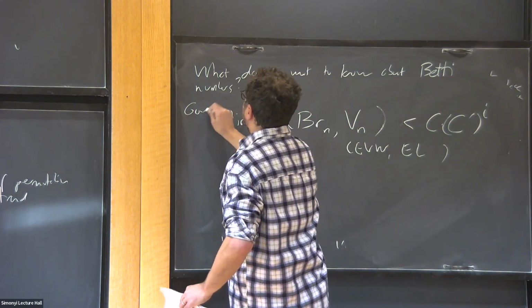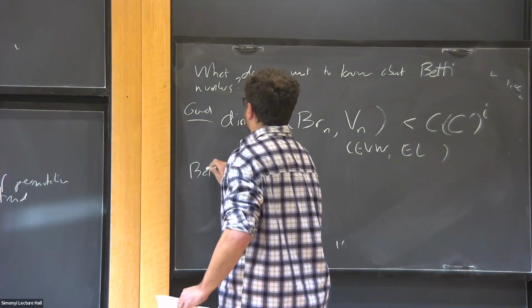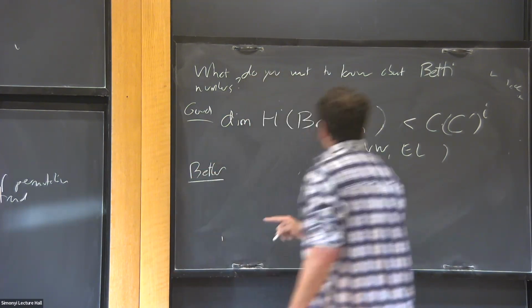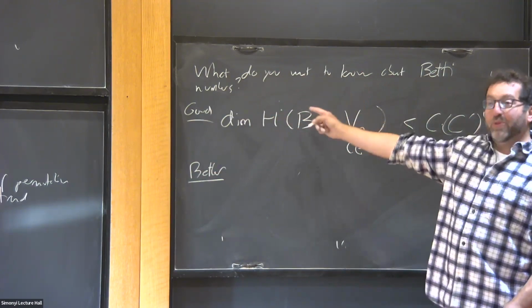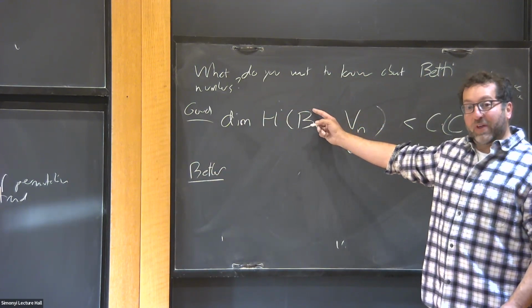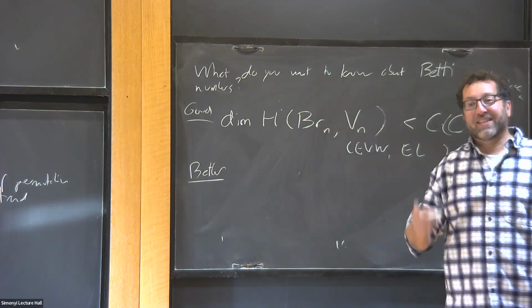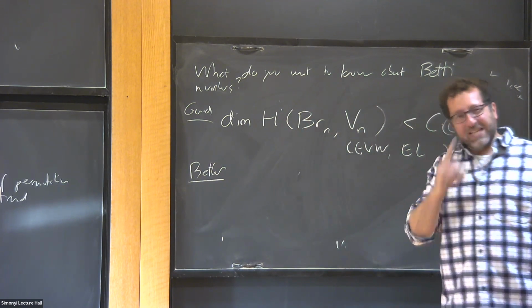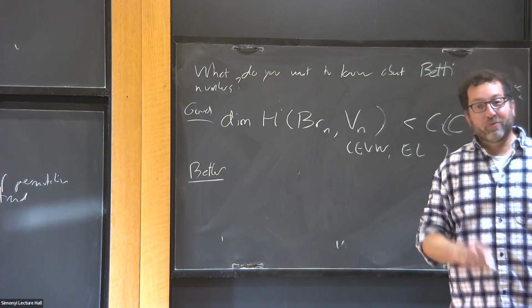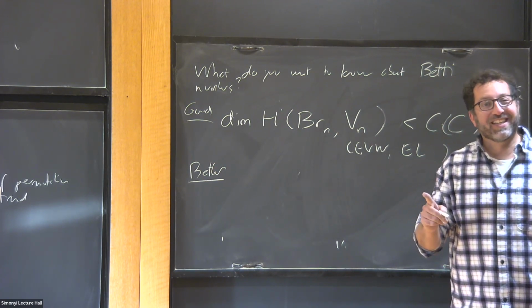So this is good, but better would be to actually compute the dimensions of these things on the nose, what they are stably, and ideally, the Frobenius action on them. The best way to compute the Frobenius action is if you can prove that there's zero, then you definitely know how Frobenius acts on them.